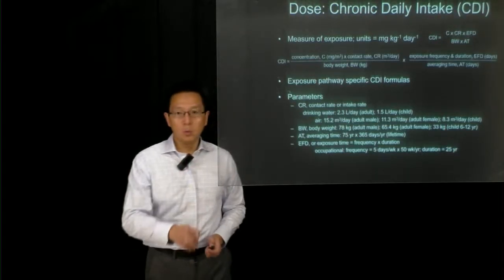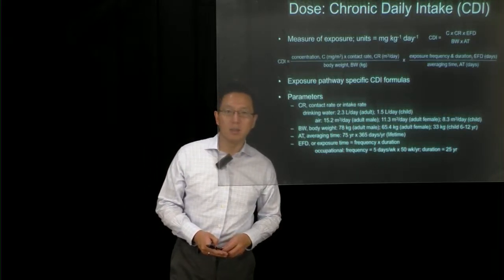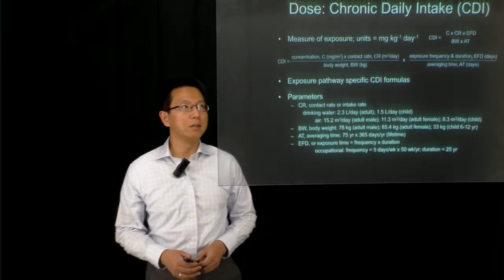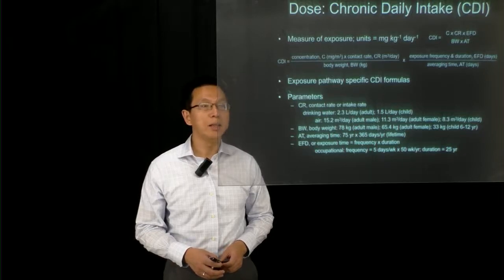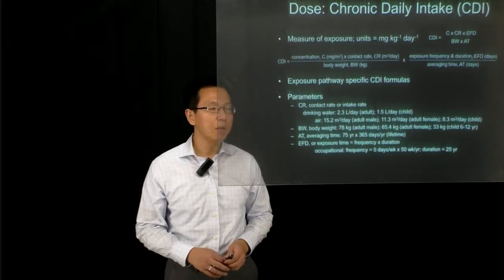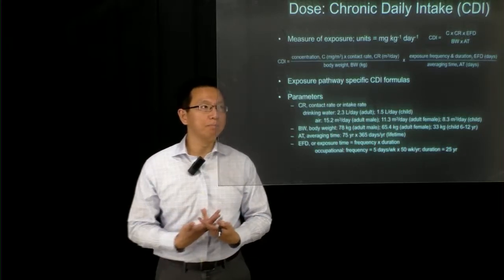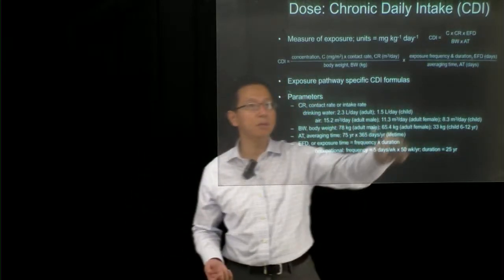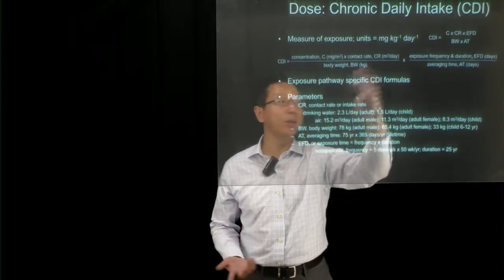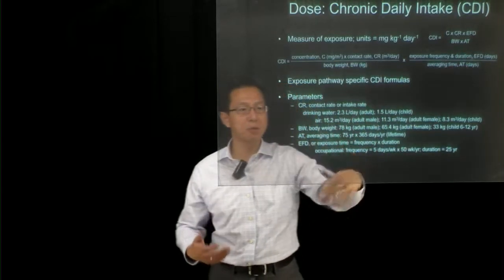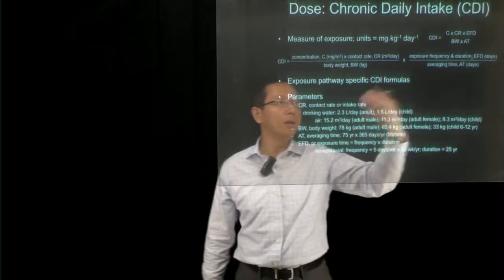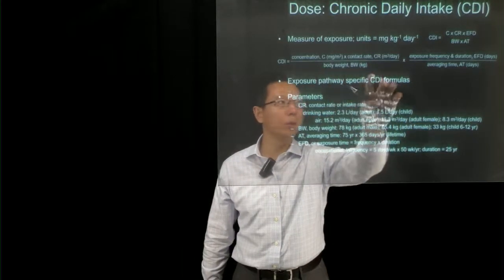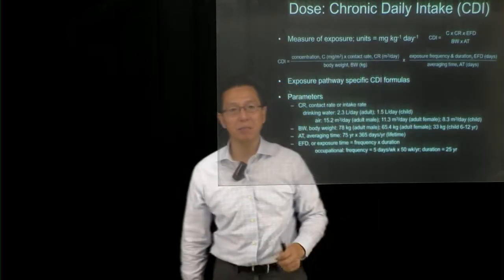Now, one of the important things in exposure assessment is CDI, chronic daily intake. The equation is C, the concentration, times the contact rate or intake rate, times exposure frequency and exposure duration, divided by body weight and averaging time.